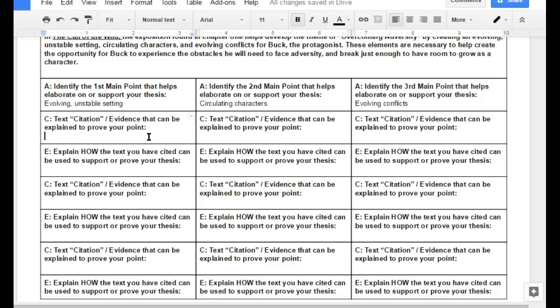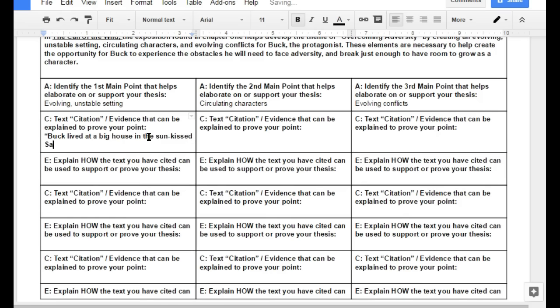Well, I think it makes sense to start with where he started off. So the text citation would be, "Buck lived at a big house in the sun-kissed Santa Clara Valley."